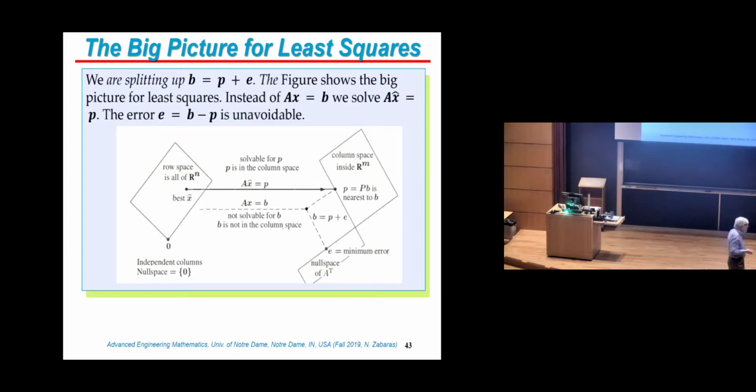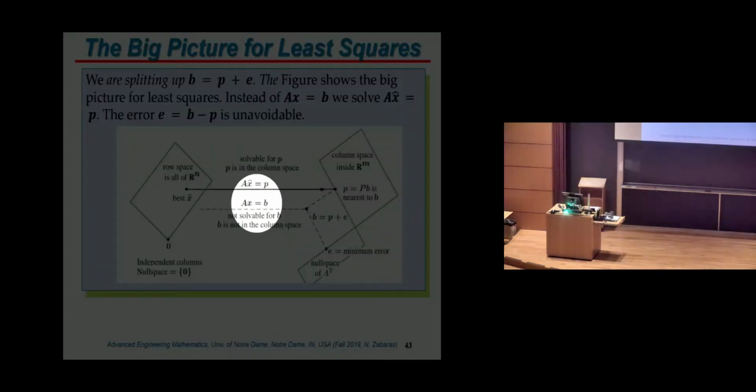So you can think of a problem with many equations, a few unknowns, and B is not in the column space, okay? So we cannot solve it. So what we do is we say, look, let's take an approximation. Let's take the projection of B to the column space. That's that point P. But if we do that, we will commit an error E, because B is P plus E.